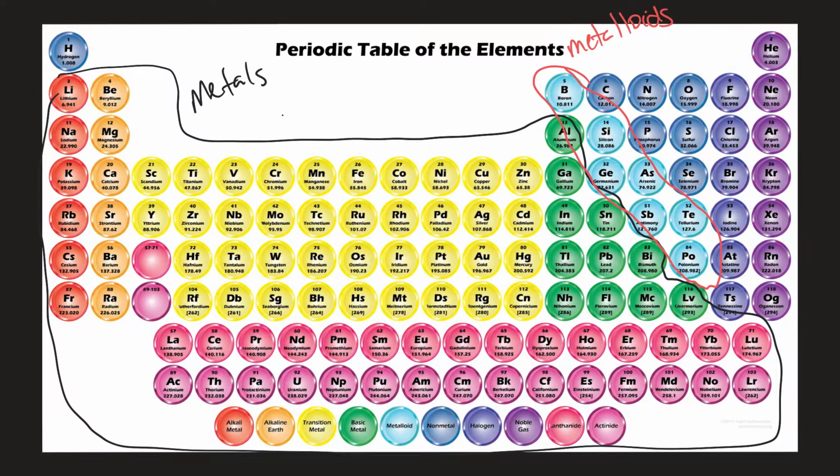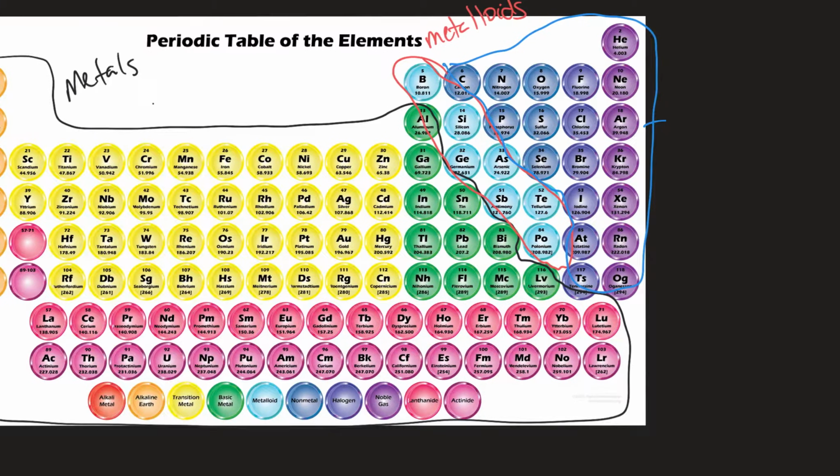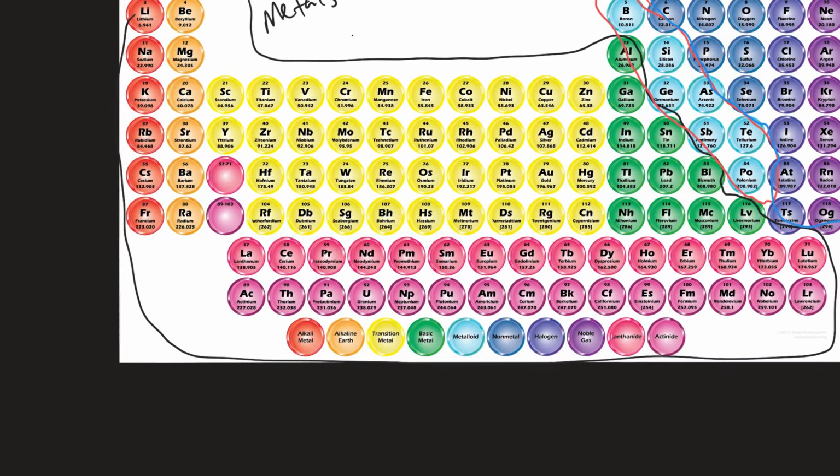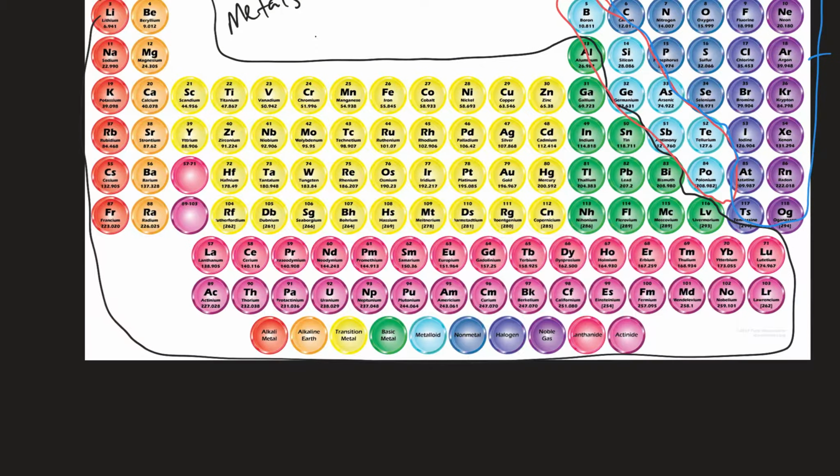And then last, there's a group over here at the very edge at the end, and this group is your nonmetals. And so let's talk about some of the characteristics of each of these groups.